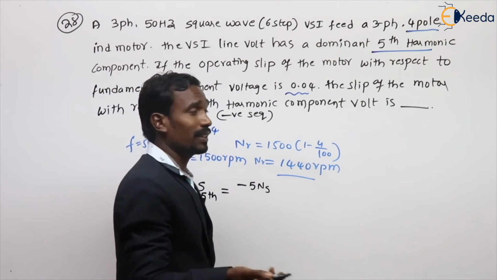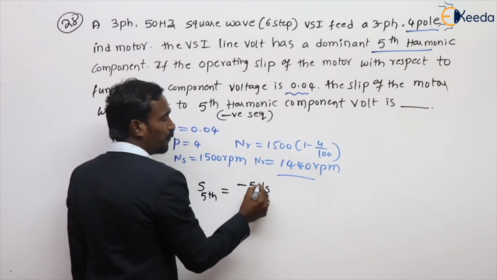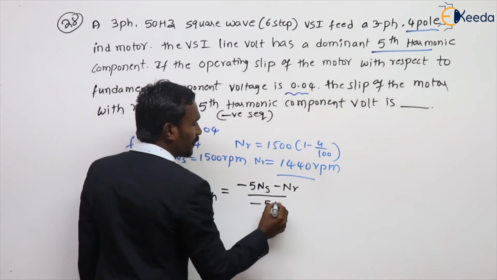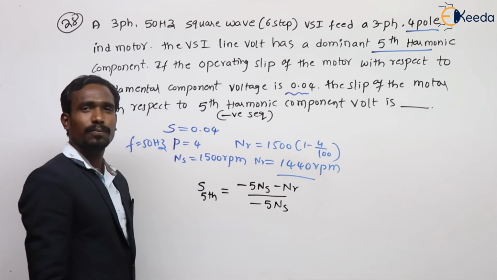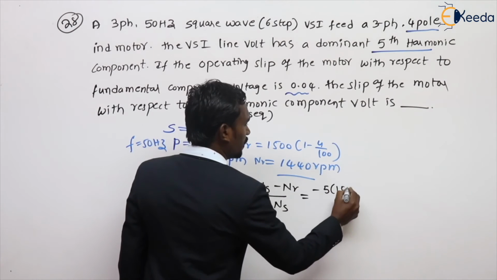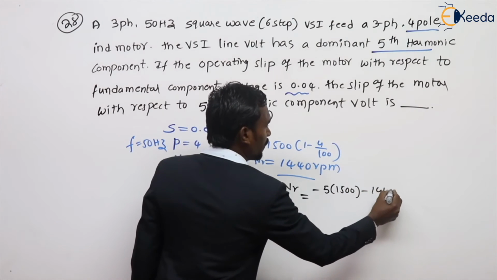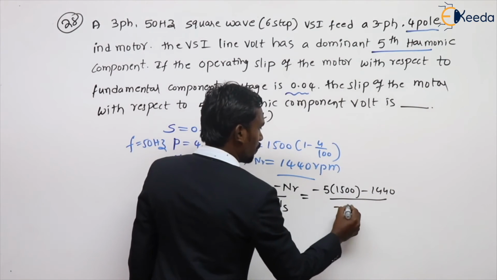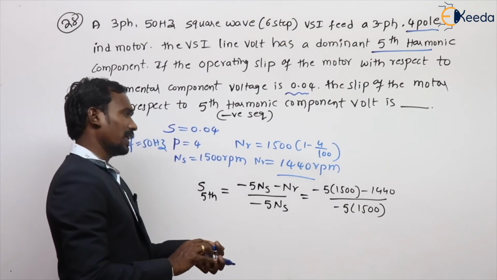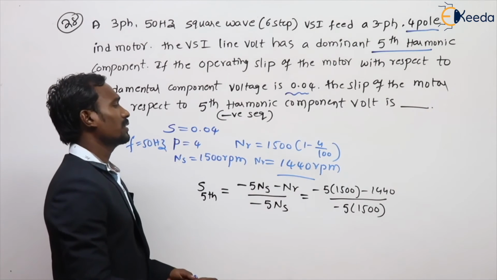That's why minus 5 Ns minus Nr by minus 5 Ns. This is the slip value. So substitute here, minus 5 into 1500 minus 1440 upon minus 5 into 1500. This is our answer.